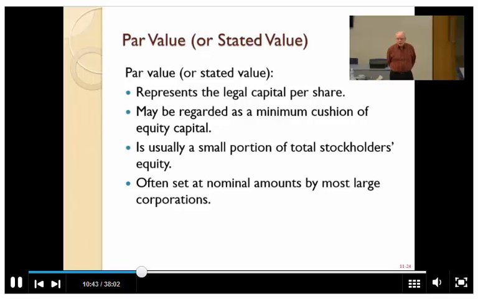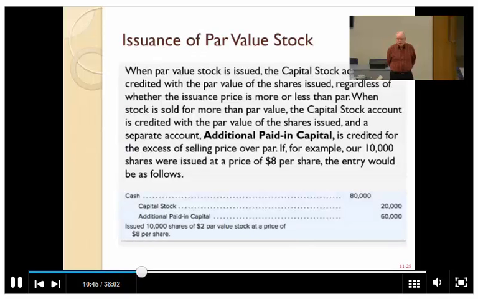All right, so when we issue stock, and here's the reason I made a big deal between market value and par value. What this is saying is that we're selling stock that has a $2 par value, and we're selling it for $8 a share. Now, the $2 par value was the arbitrary amount assigned to the stock when the articles of incorporation were filed.